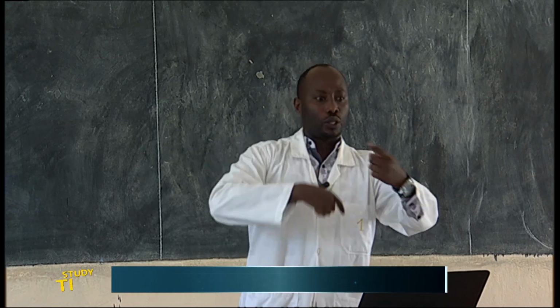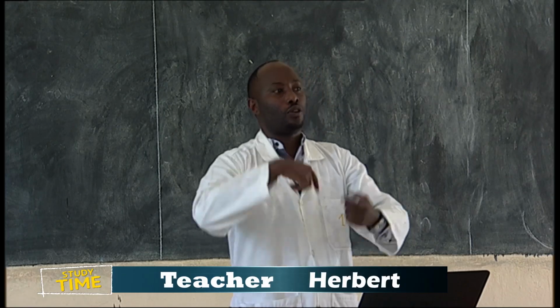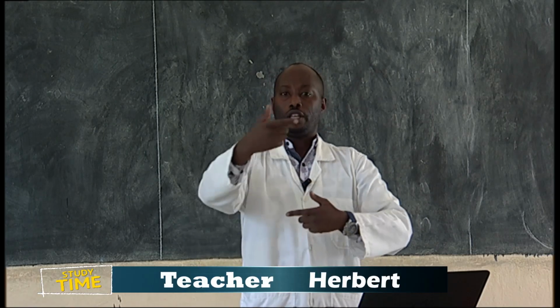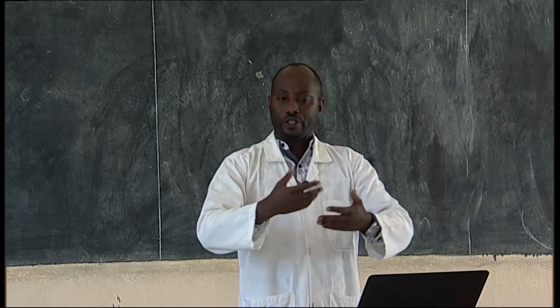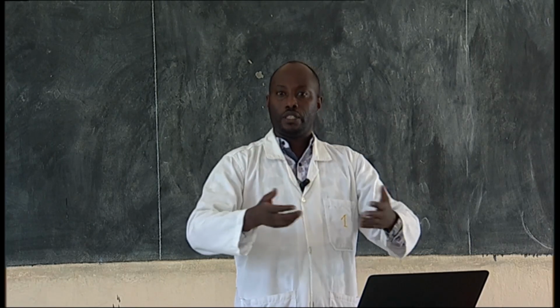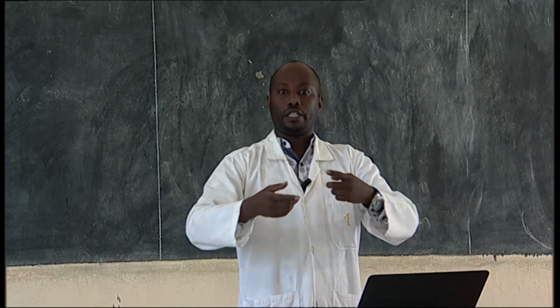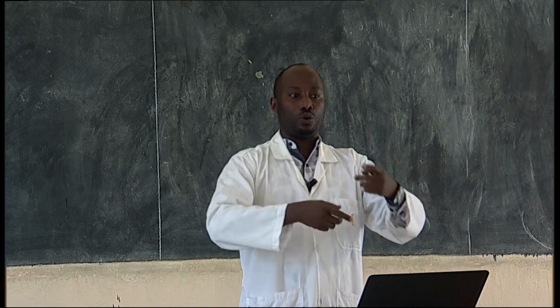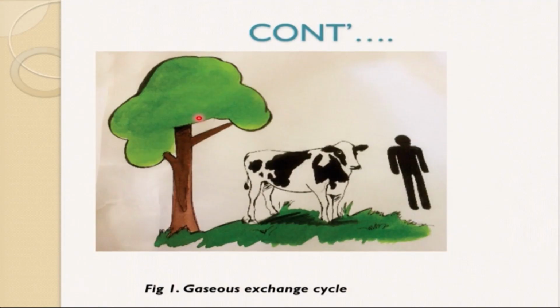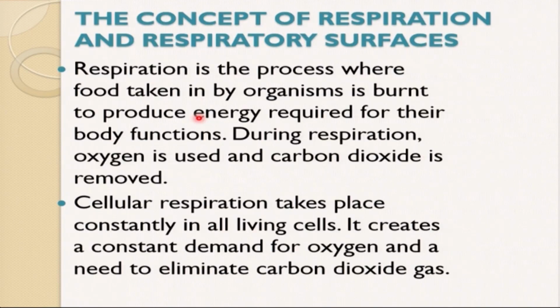That brings what you call the gaseous exchange cycle. That keeps these gases, oxygen, carbon dioxide, and nitrogen, circulating. All these keep what you call gaseous exchange. All right? The concept of respiration and respiratory surfaces.